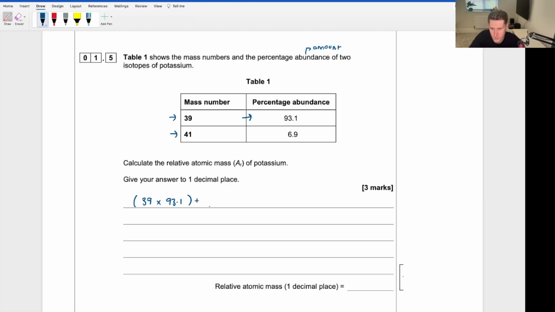So the mass is 41 and its abundance is 6.9, and then we divide by 100. It will always be 100 because you're never going to get more than 100%. And I'll do this on the calculator very quickly, and we get 39.138, but we only want 1 decimal place. So the answer is going to be 39.1. And there you have it.